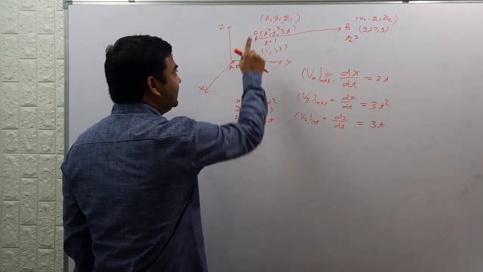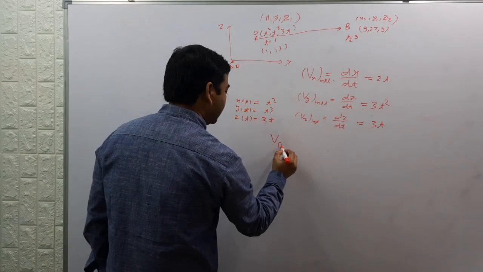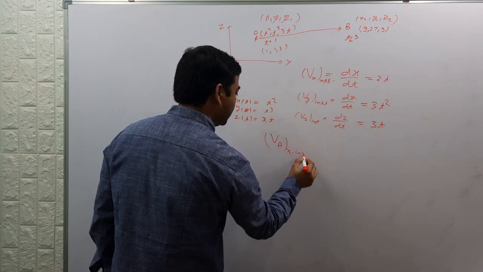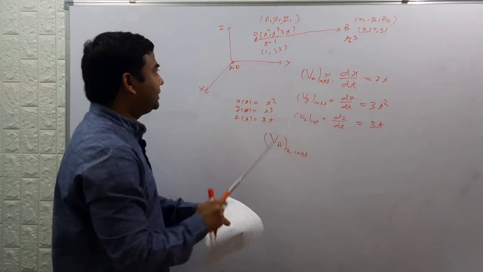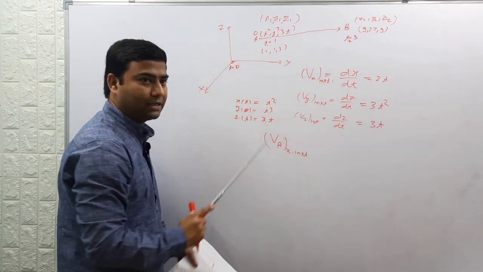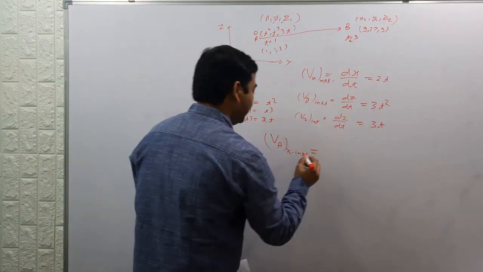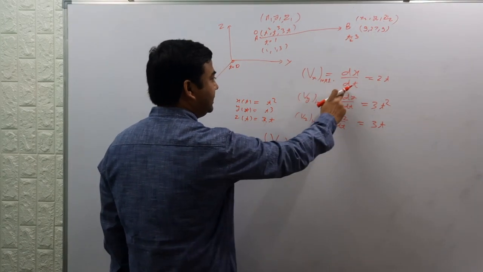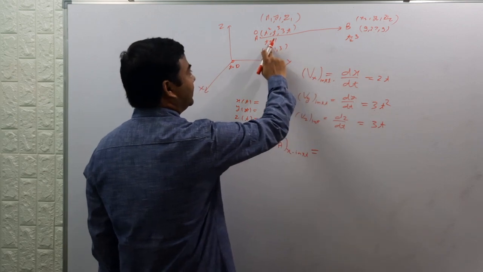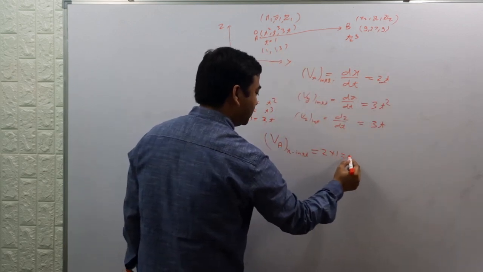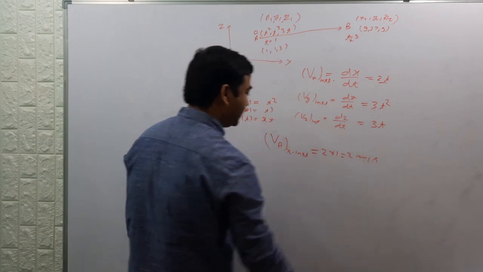So at time t, instantaneous velocities are given with these formulas. So you can find v instantaneous at A in x direction. At point A, instantaneous velocity in x direction will be dx over dt at t is equal to 1. Put t is equal to 1 in this formula: 2 into 1 is equal to 2 meter per second.